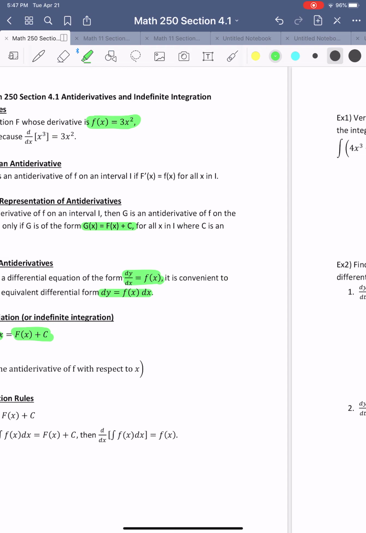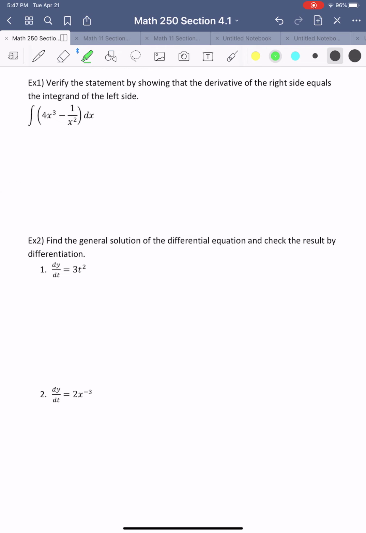Okay, so let's do the next page. Let's actually do the problem. Example 1, verify the statement by showing that the derivative of the right side is equal to the integrand of the left side.